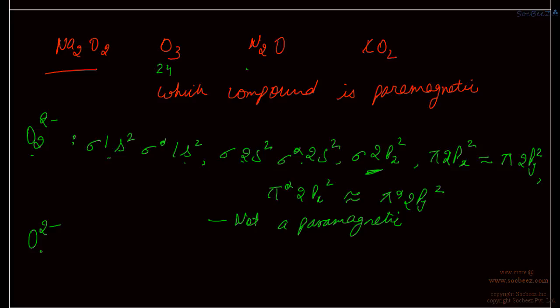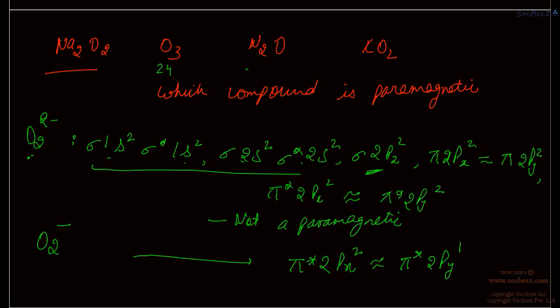So let's see what happens in case of KO2. In case of KO2, oxygen exists as O2 negative. If we release one electron from O2 2 negative, then one electron will be removed from the pi star 2py orbital. So finally, the last structure would be pi star 2px2 and pi star 2py1, and everything else will be the same as this.